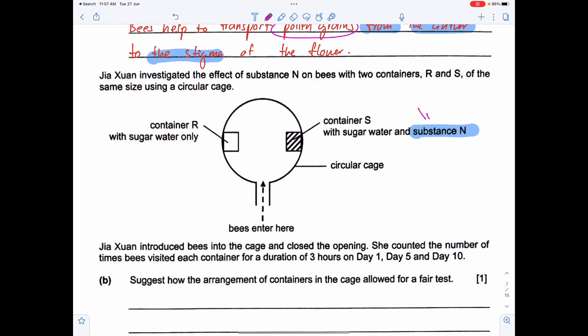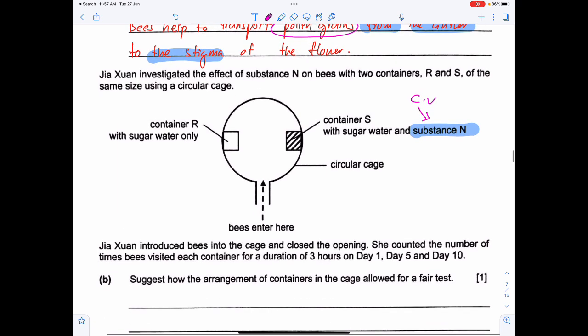So this is your change variable. Now what is your measured variable? Jia Xuan introduced bees into the cage and closed the opening. She counted the number of bees visited each container for a duration of 3 hours on day 1, 5, and 10. So this part over here is actually your measured variable.